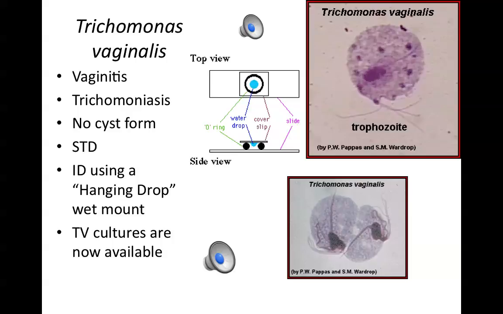You can see the pairs of flagella sticking out of one spot on the surface of the single-celled organism, and it does swim around quite quickly in a moist liquid environment, or essentially a moist surface of a mucous membrane, and it is classified as a sexually transmitted disease because it can be transferred from one person to another when we have close physical contact.